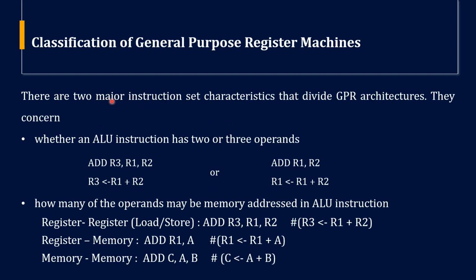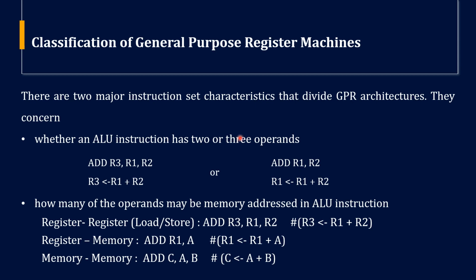There are two major instruction set characteristics which divide the GPR architectures. The first one is based on the number of operands in a single instruction. If the instruction consists of 3 operands, then it is called a 3 operand instruction. And if the instruction consists of only 2 operands, then it is a 2 operand instruction architecture.